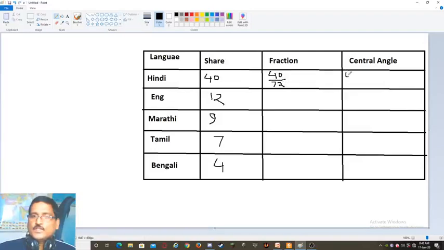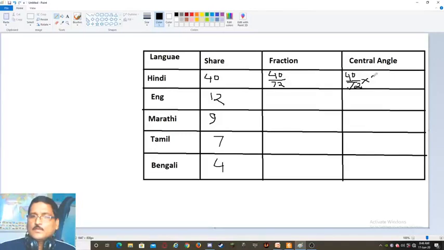Central angle 40 upon 72, will not cut. 40 upon 72 multiplied by 360 degree.